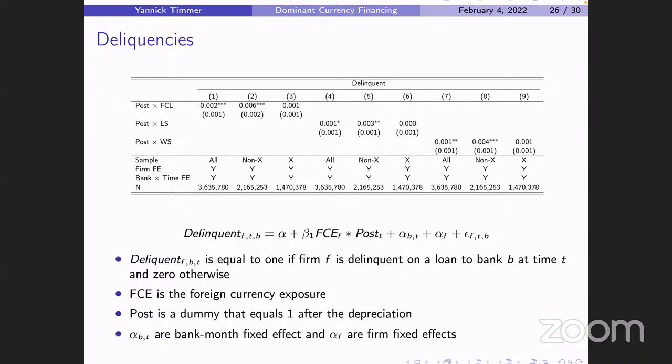Again, this is only driven by non-exporters and not exporters, confirming the mechanism that the increase in debt repayments causes firms to struggle with repaying their debt, making them more likely to become delinquent. However, when they have exports in US dollars, the increase in revenues due to the depreciation allows them to use these additional revenues to pay back their debt and not to become delinquent.